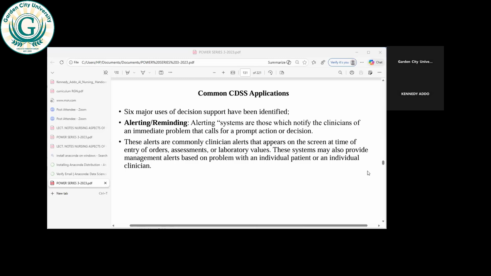Okay, common CDSS applications. The first one is what? Alerting or reminding system. In fact, in this conversation we are having, somebody will be curious to know the particularities or the practical aspect of this. This one is just a software. But one of the challenges that we have is that these are for commercial use.